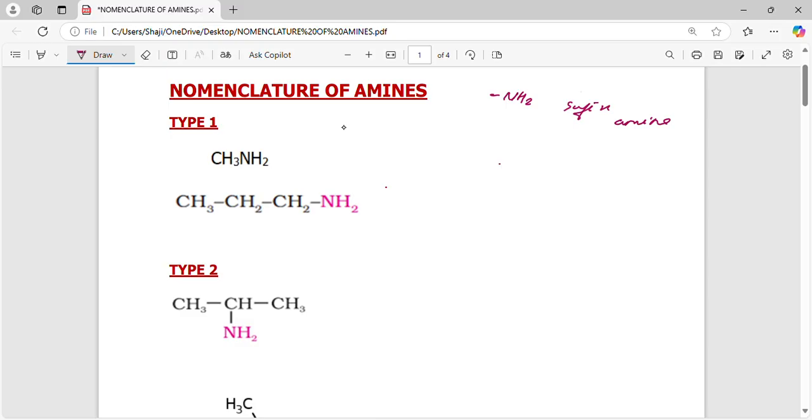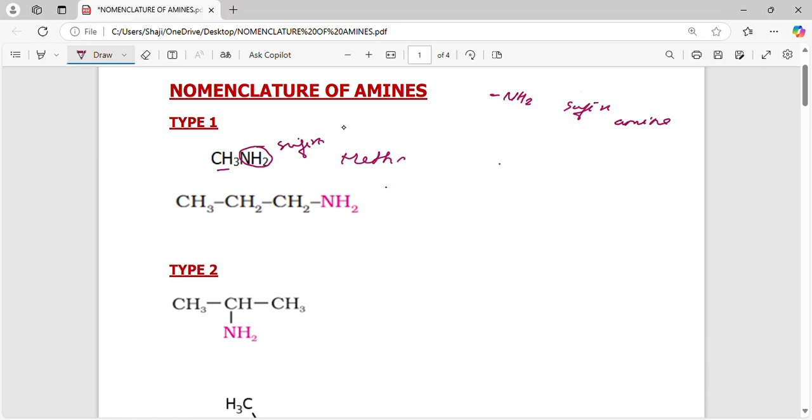The first type is when NH2 comes on the first carbon. NH2 is attached to the first carbon of the main chain, so we use NH2 as the suffix. The suffix name is amine, and the root word depends upon the number of carbon atoms. Here there is only one carbon, so the root word is meth, and it is an alkane.